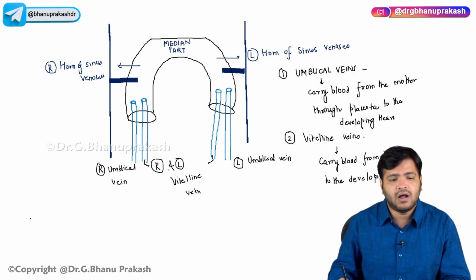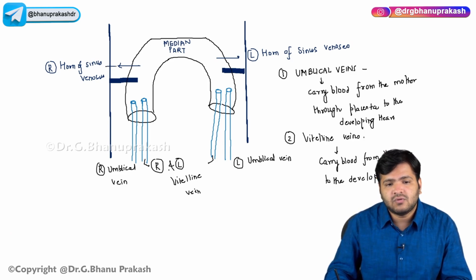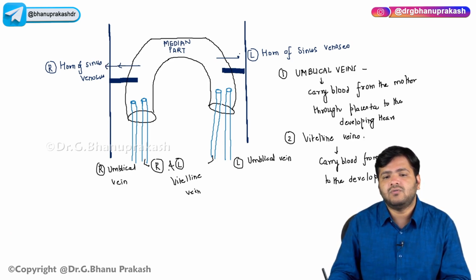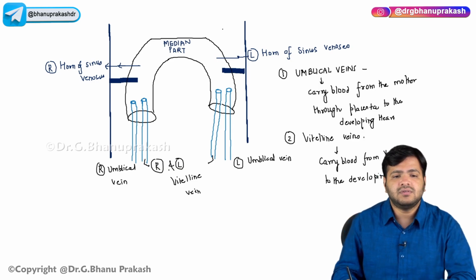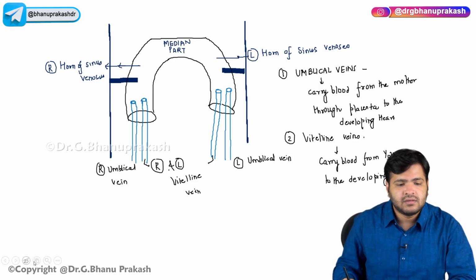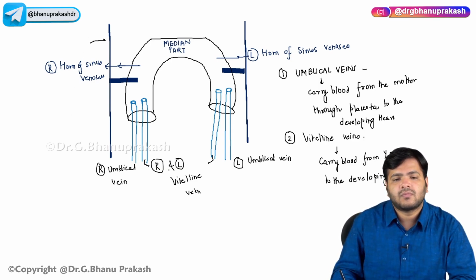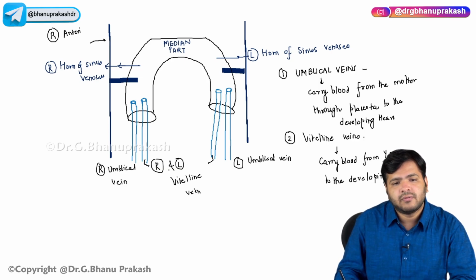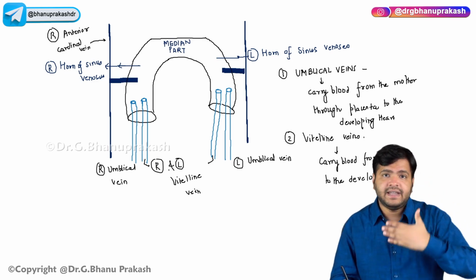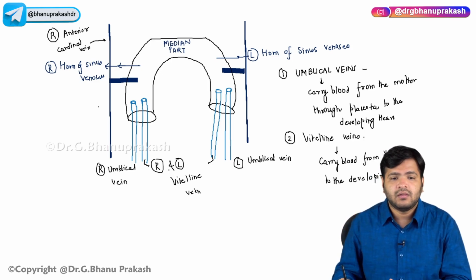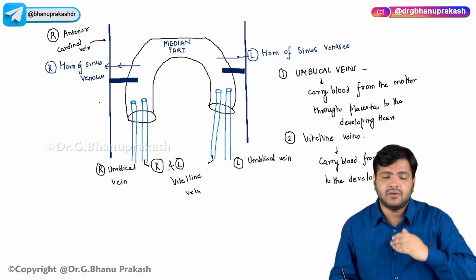So let us just mark it. So don't confuse it with the right horn. Right horn you already know, and the left horn that I have marked over here. So this part is called the right anterior cardinal vein, coming from the right anterior body wall, taking the blood from the right anterior body wall.